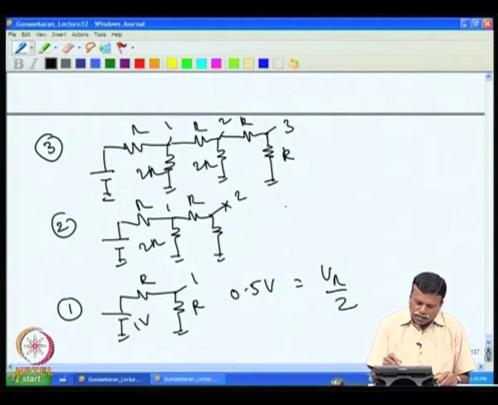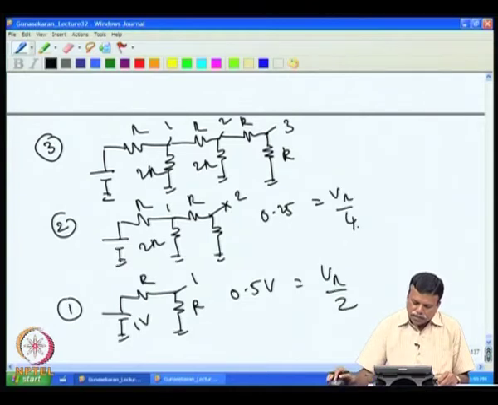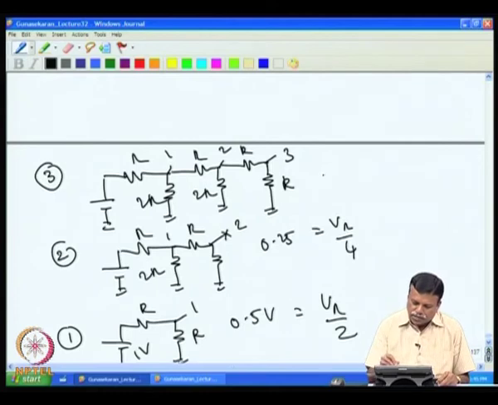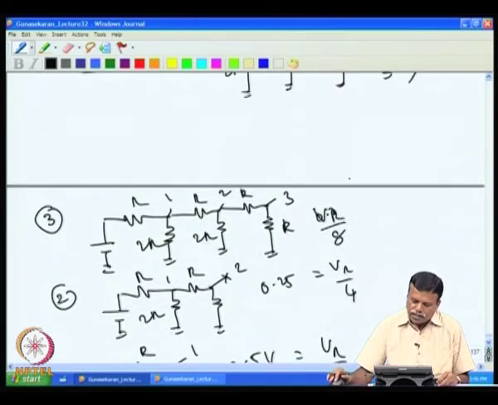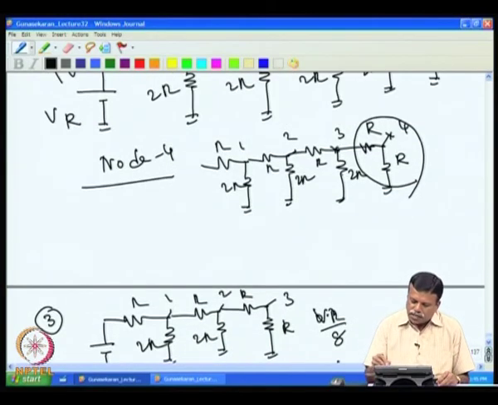So, the voltage at this point will be 0.25, or it is equal to VR by 4, and then similarly node 3 will come as VR by 8, and then we will get voltage at node 4 as VR by 16.